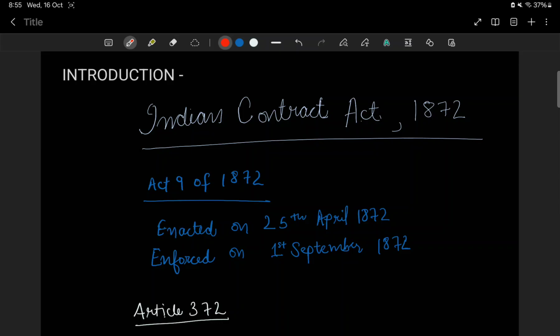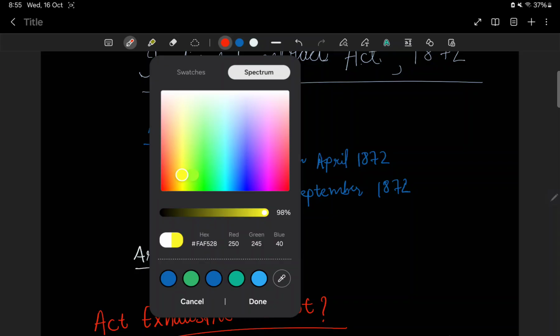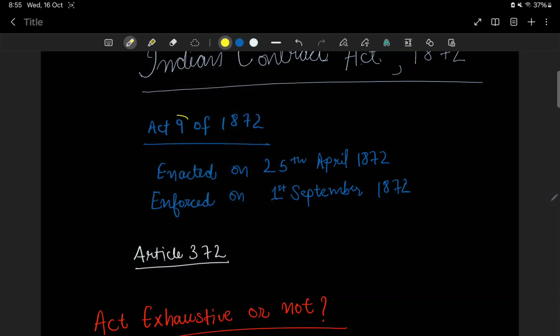Okay, Indian Contract Act 1872. This is the Act 9 of 1872. What does it actually mean?